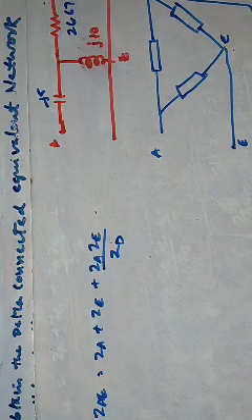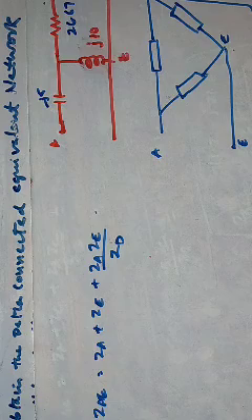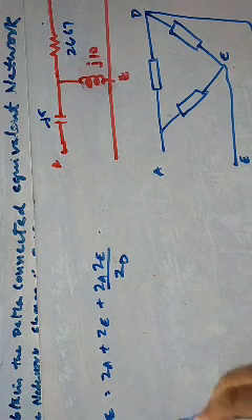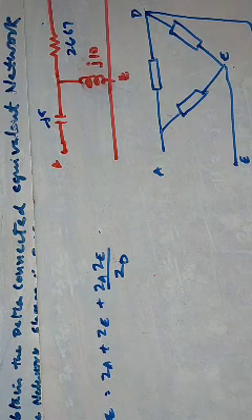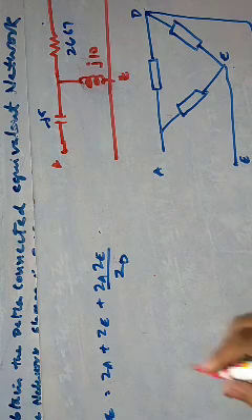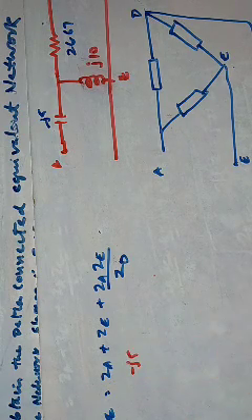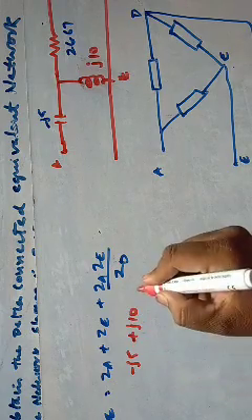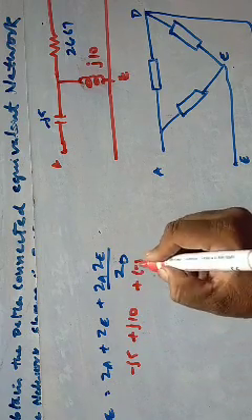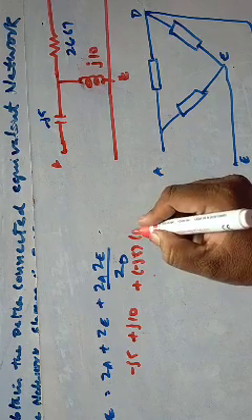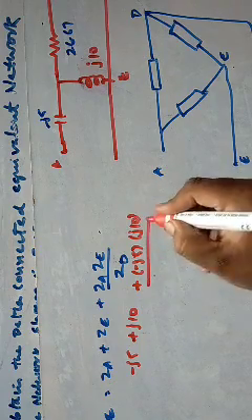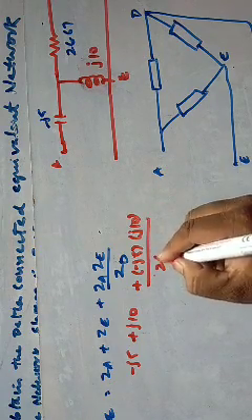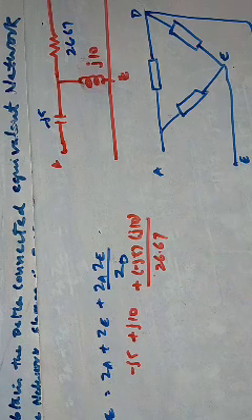This is the way to convert star to delta. Similarly, we'll substitute the values. What is ZA? Minus J5. What is ZE? Plus J10. So minus J5 plus J10 plus minus J5 times J10, divided by 26.67.